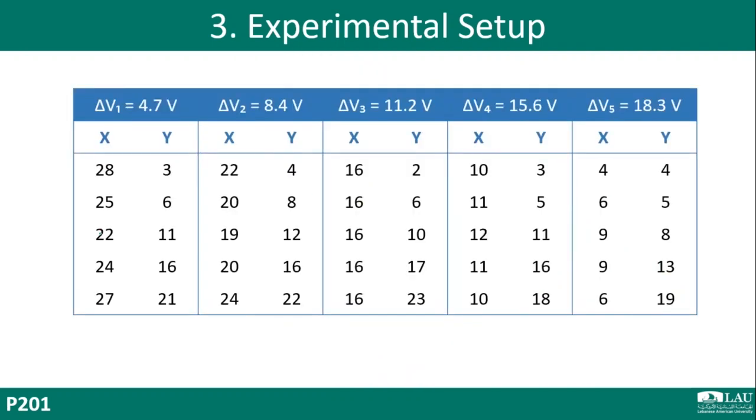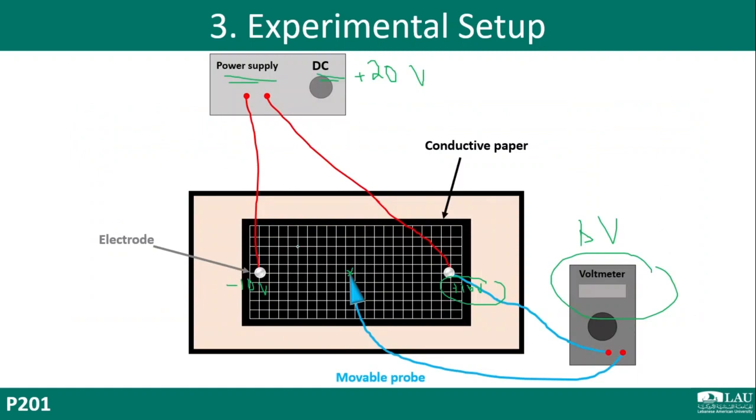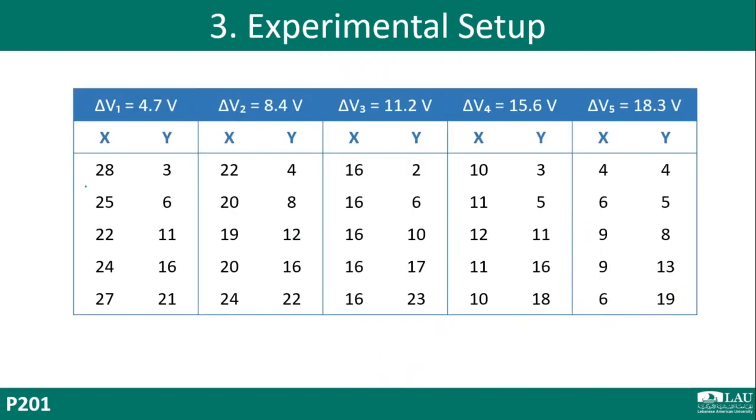These are the data that you are going to use to plot your map, to draw your map. So 5 lines and 5 electric or field lines. So let's say here the reported value is delta V. It's the value recorded by the voltmeter. So we have recorded 5 lines.